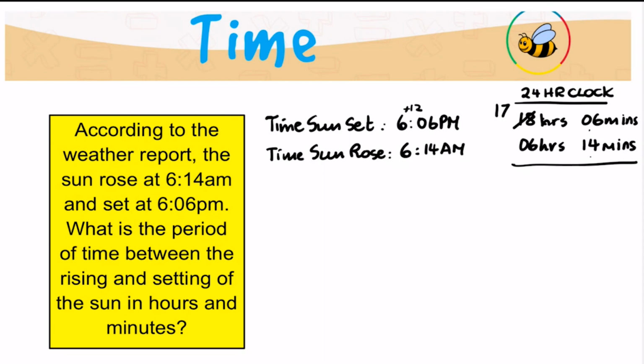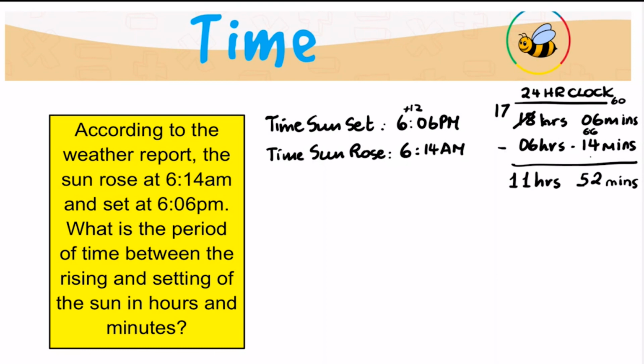Now, when you borrow an hour, 1 hour is 60 minutes, so you're actually borrowing 60 minutes, and 60 plus 6 is 66, so it's actually 66 minus 14. 6 minus 4 gives us 2, 6 minus 1 gives us 5, so we have 52 minutes. We are left with 17 minus 6 hours, which is 11 hours.